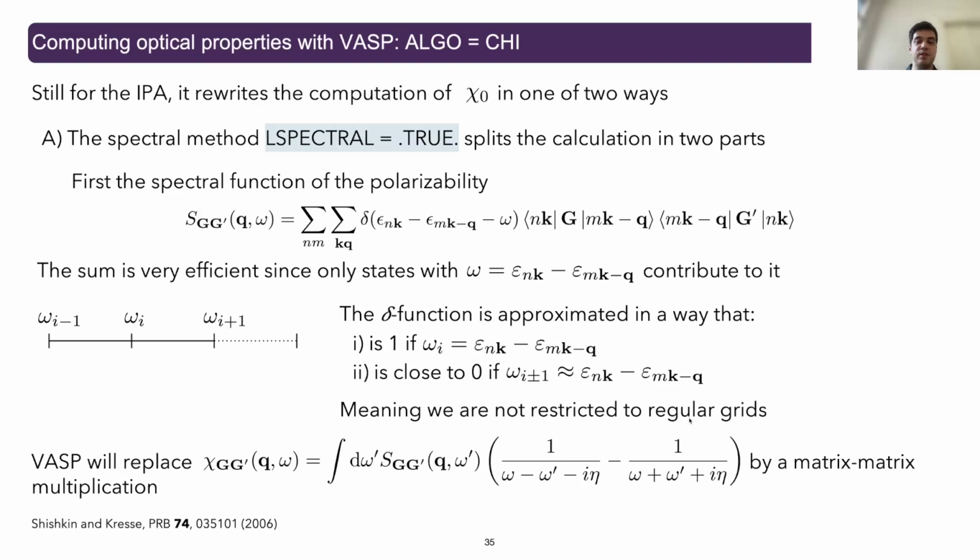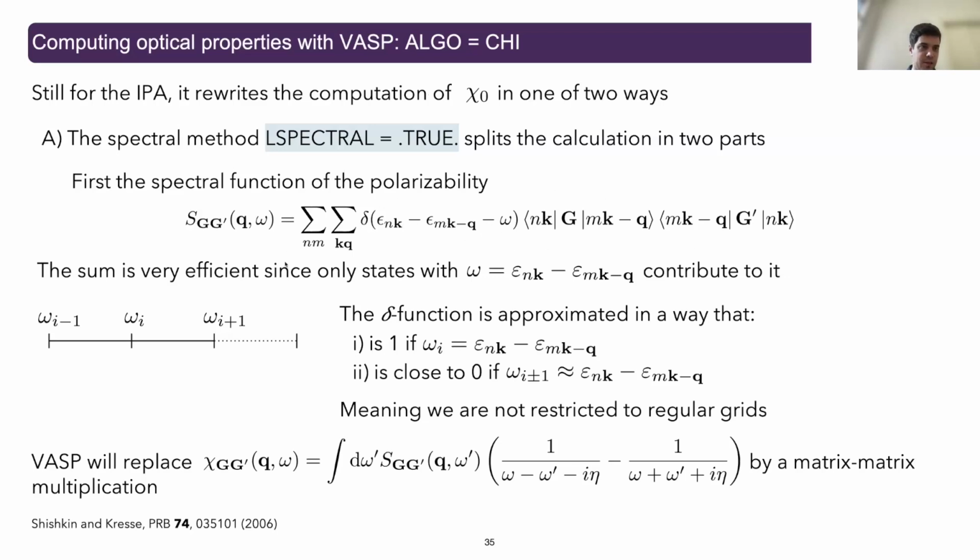So another option with which to compute chi naught is to set ALGO equal to chi, and this one has two methods associated with it. If you set LSPECTRAL equals true, it will split the calculation into two parts. First, it will compute the spectral function of the polarizability, involving only the dipolar moments and the delta function.